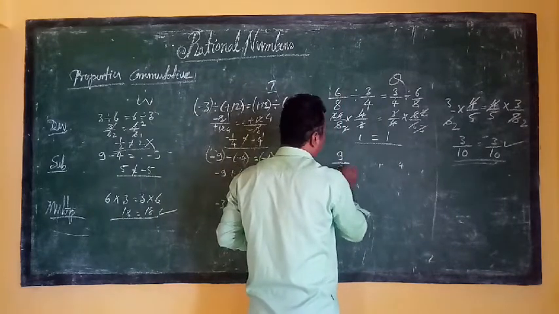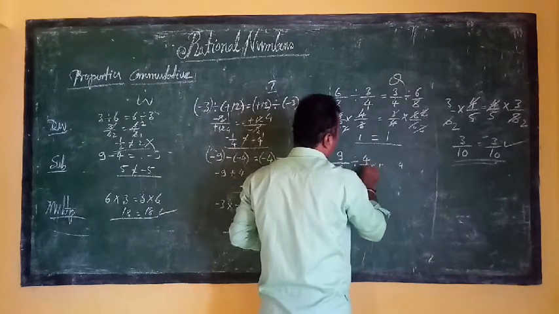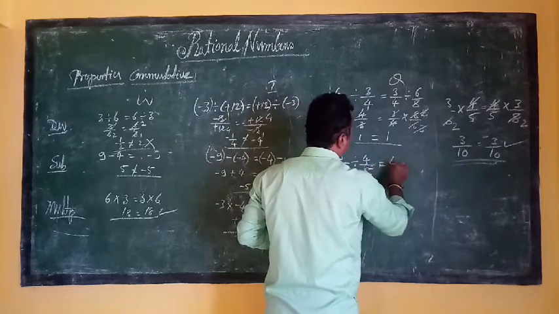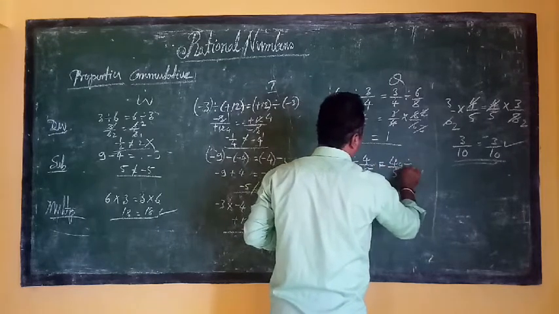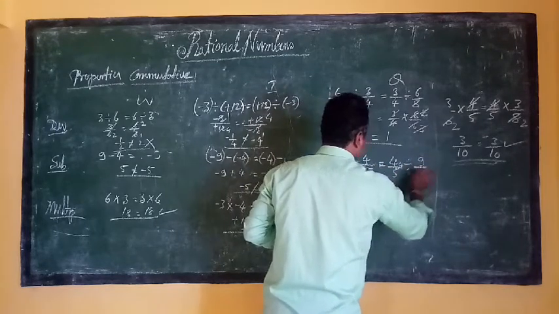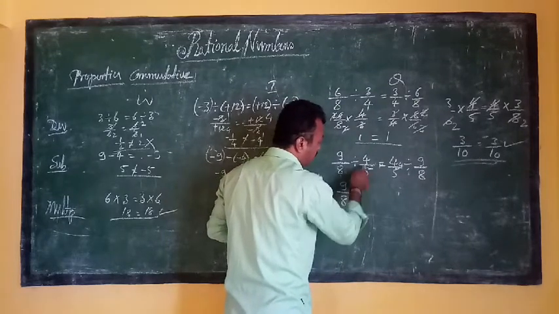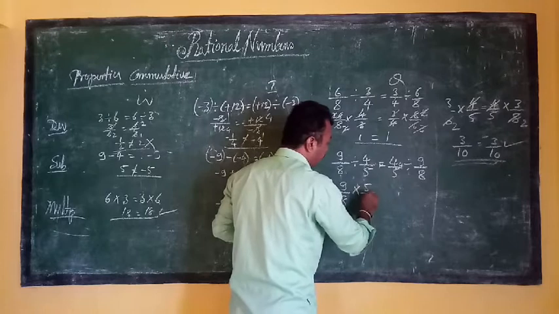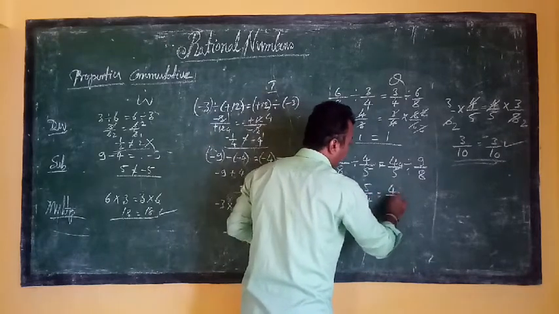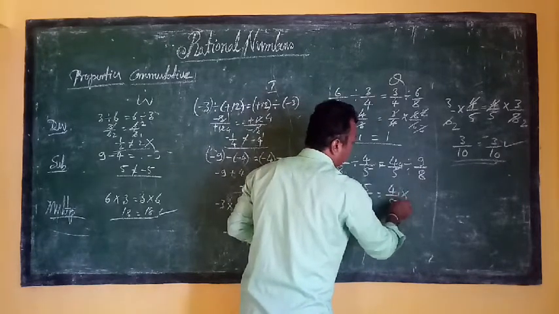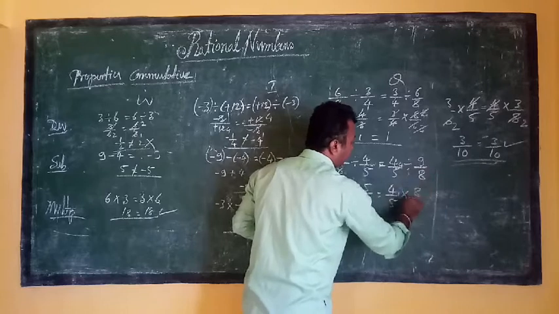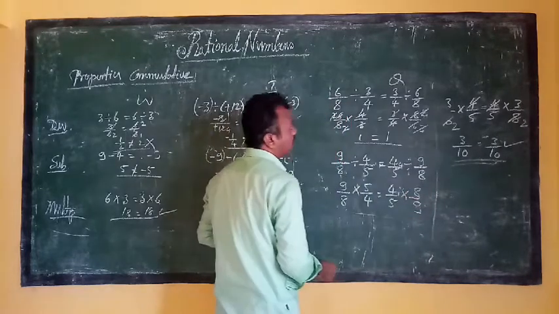9 by 8 divided by 4 by 5 is equal to 4 by 5 divided by 9 by 8. See, students, 9 by 8 is written as it is, divided by 4 by 5 becomes into 5 by 4. And 4 by 5 as it is, divided by 9 by 8 becomes into 8 by 9.